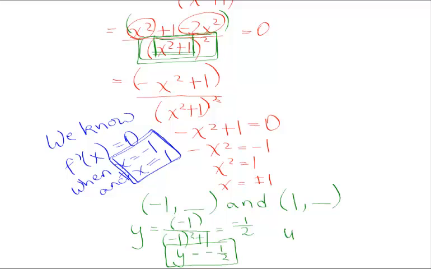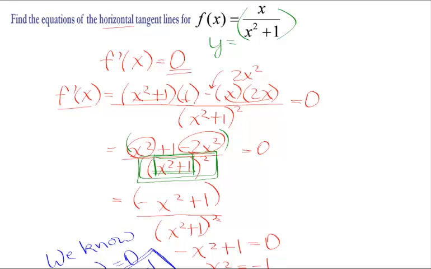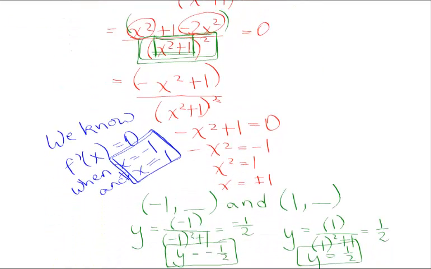The y for this point is +1 over +1 squared plus 1. That is +1/2. So the other horizontal tangent line is the horizontal line y equals 1/2. So now we have answered the question. The equations of the horizontal tangent lines for this function are y equals -1/2 and y equals +1/2.